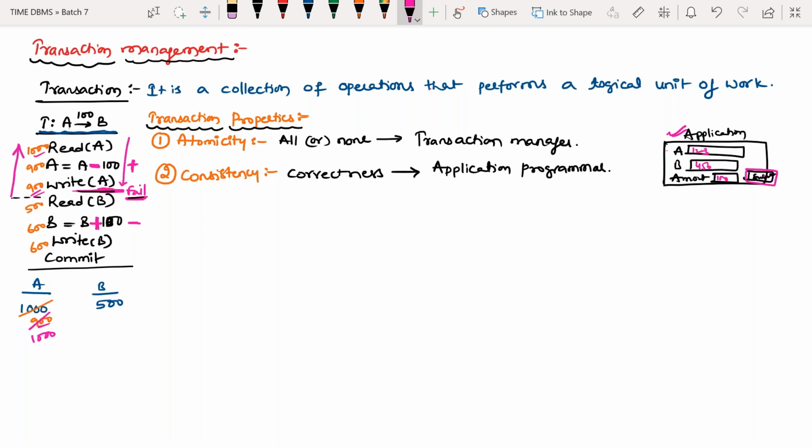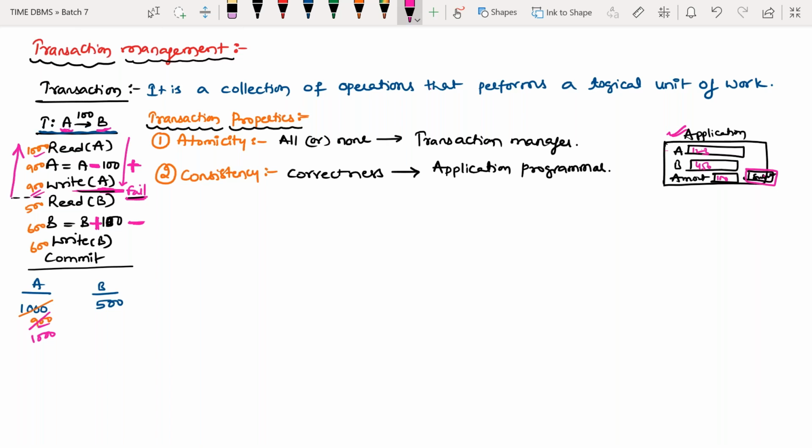Now, does the system know whether it has to perform debit then credit, or credit then debit? No. Whatever the transaction is coded by the programmer, that is going to be executed. If the programmer codes the transaction as addition then subtraction, what is going to happen when you try to transfer some amount from your account to your friend's account? It is reversely debiting from your friend's account and crediting into your account.